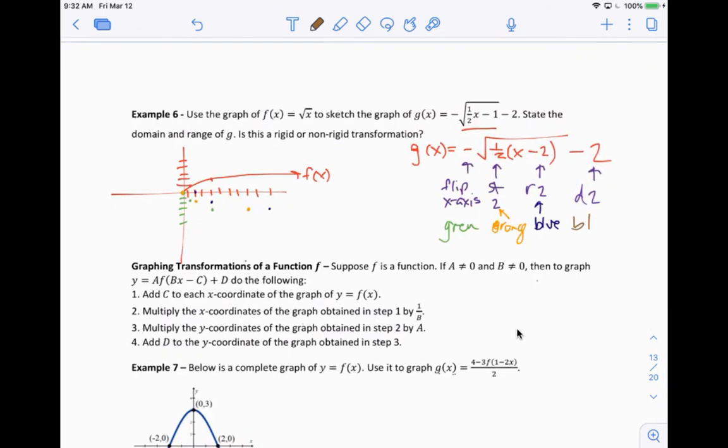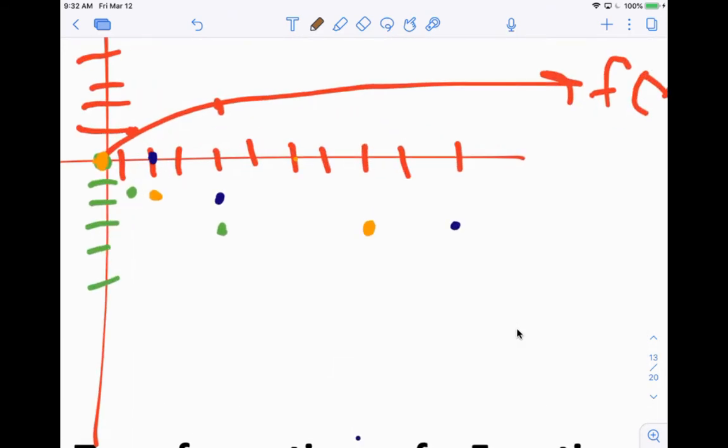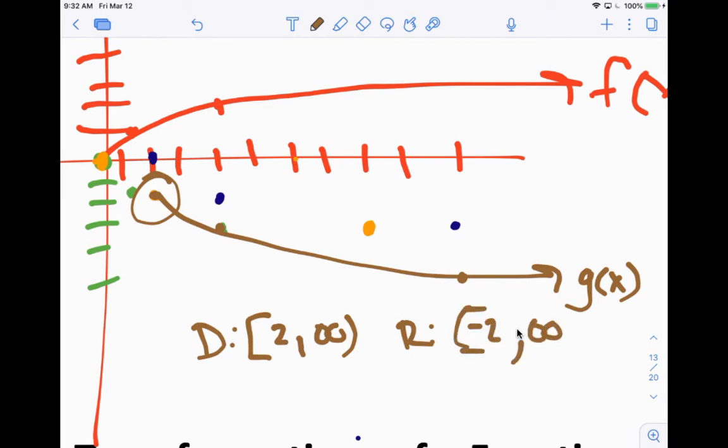So this is brown, down 2 from the blue guys. And here we finally have g of x. The domain of g of x is 2 to infinity, and the range of g of x is negative 2 to infinity.